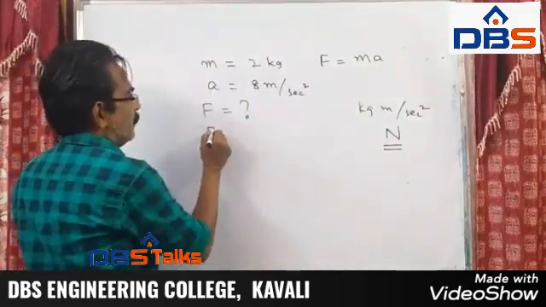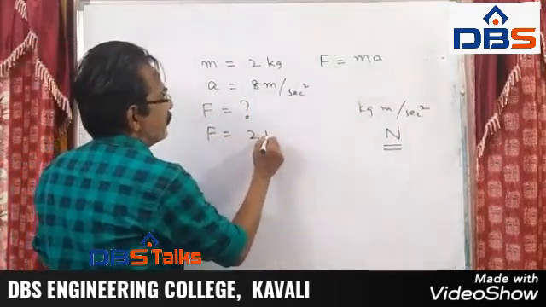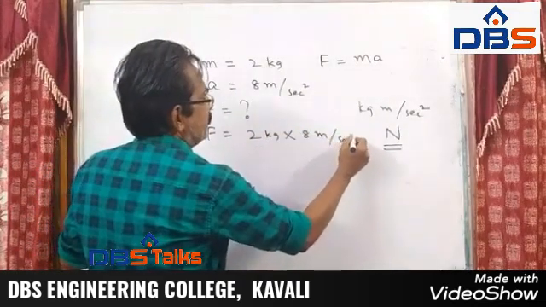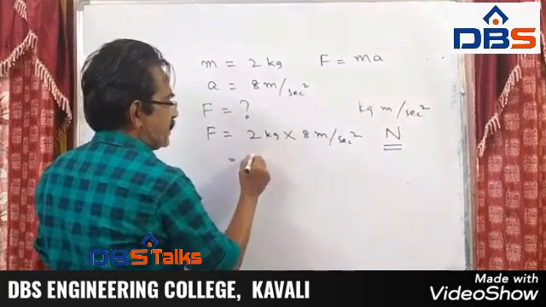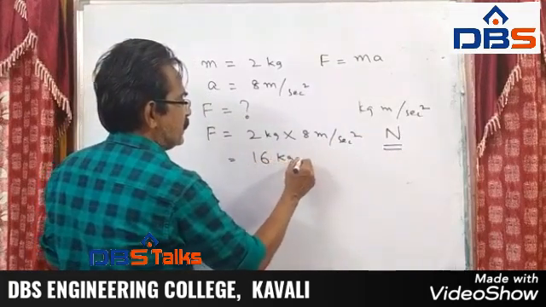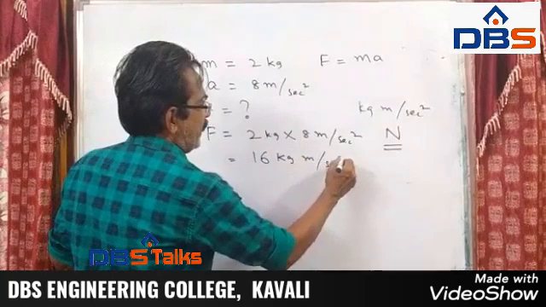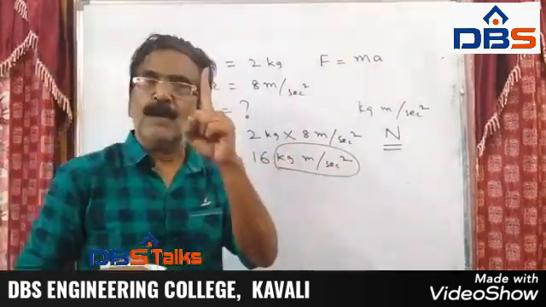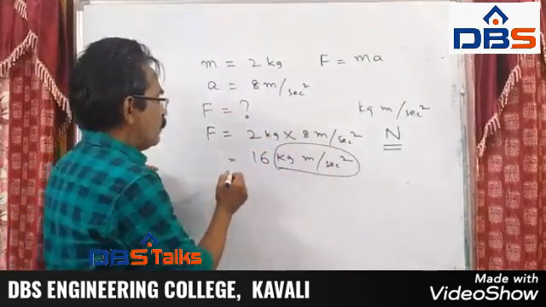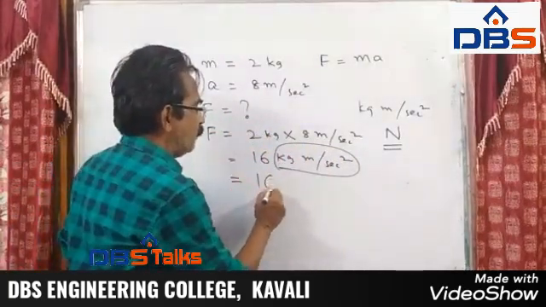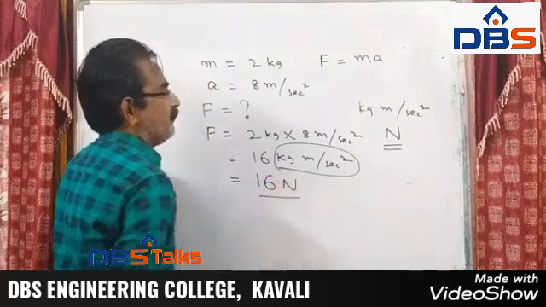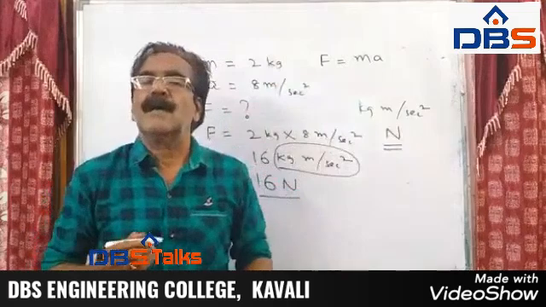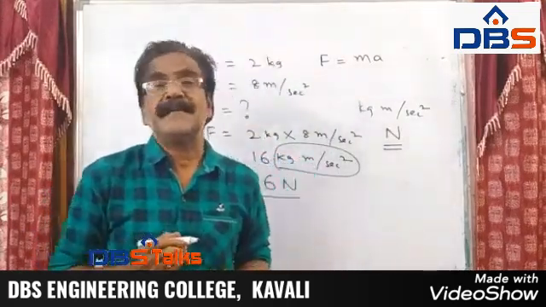Simple problem. F is equal to m into a, 8 meters per second square. So 2 8s are 16 kg meters per second square, which is equal to 1 Newton. So 16 newtons of force must be applied so that the car travels with an acceleration of 8 meters per second square.